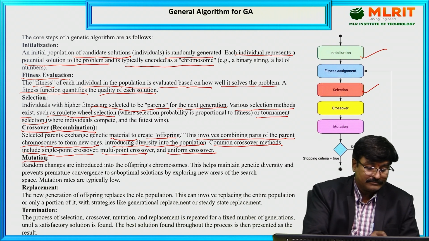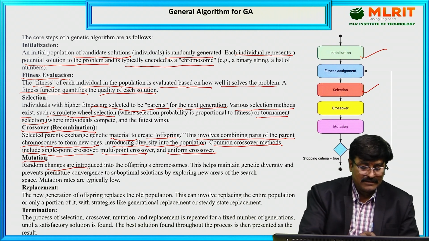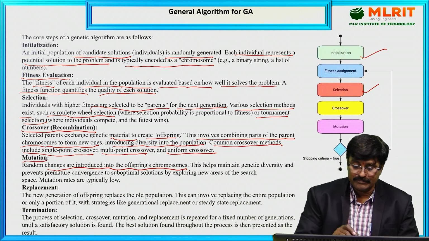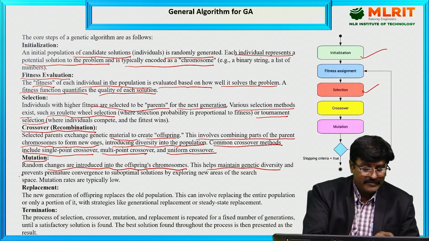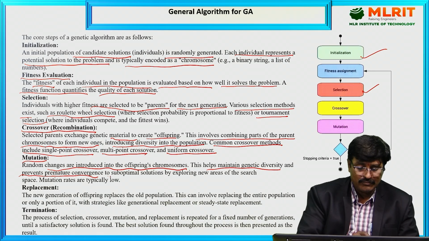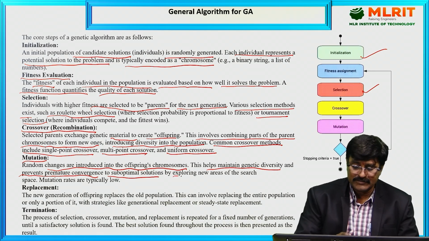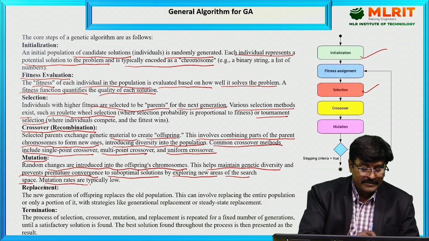Mutation: random changes are introduced into the offspring chromosomes. This helps maintain genetic diversity and prevents premature convergence to suboptimal solutions by exploring new areas of the search space. Mutation rates are typically low. Then replacement: how we replace the population.